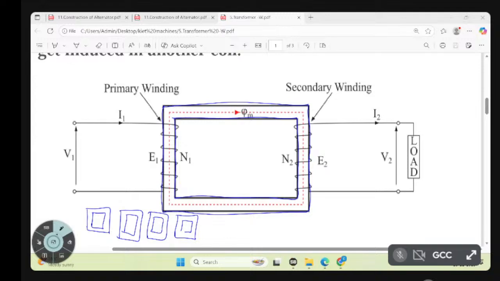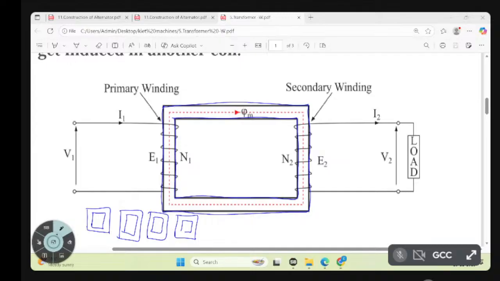So why do we require the flux? You know, whenever there is a dφ/dt, EMF has to be induced. That is Faraday's laws of electromagnetic induction: whenever dφ/dt is available, EMF will be induced.